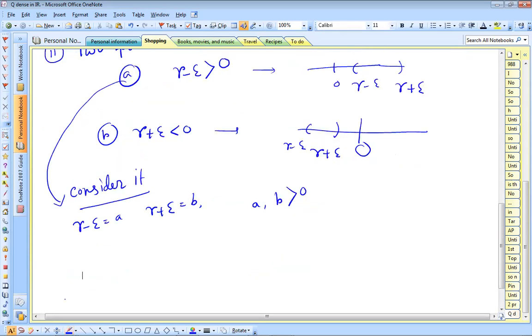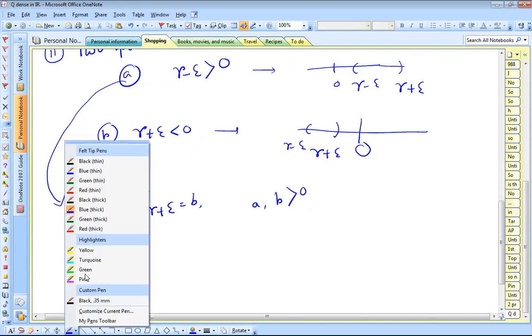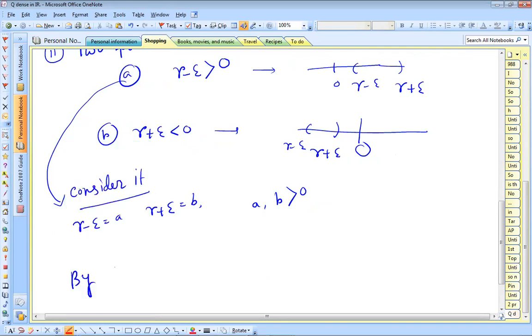Now, by the Archimedean property, there exists n naught belonging to the natural numbers such that 1 by n naught is less than b minus a.